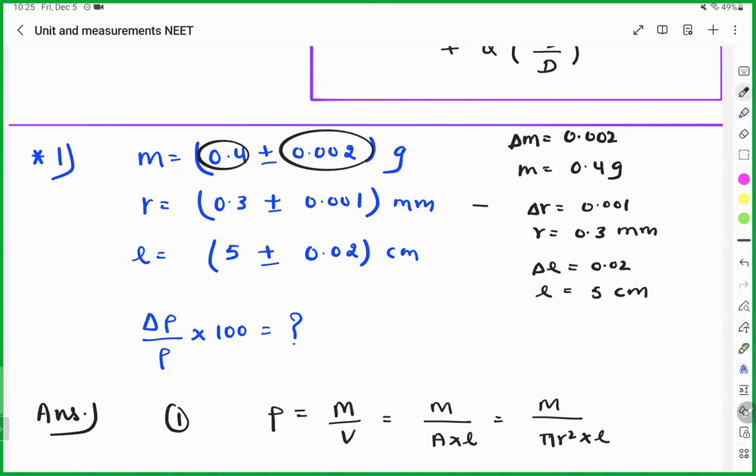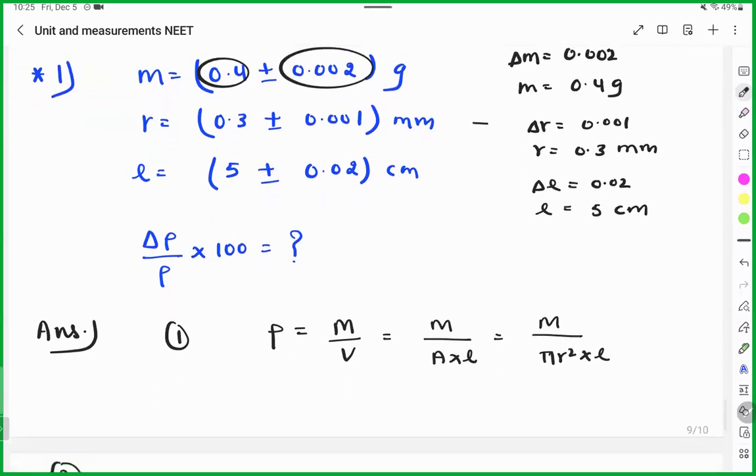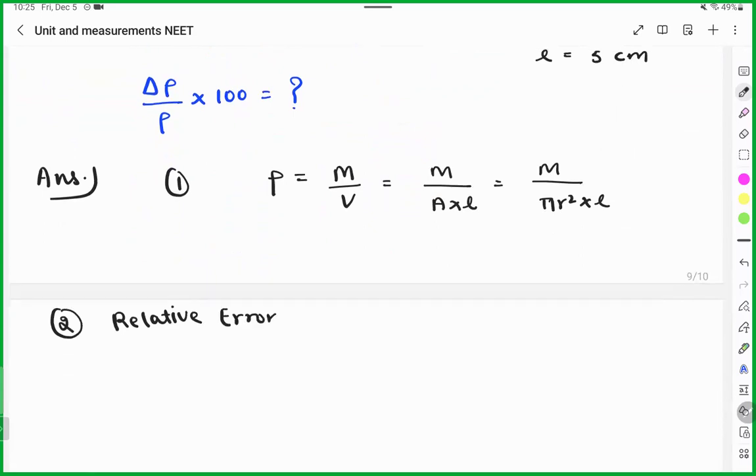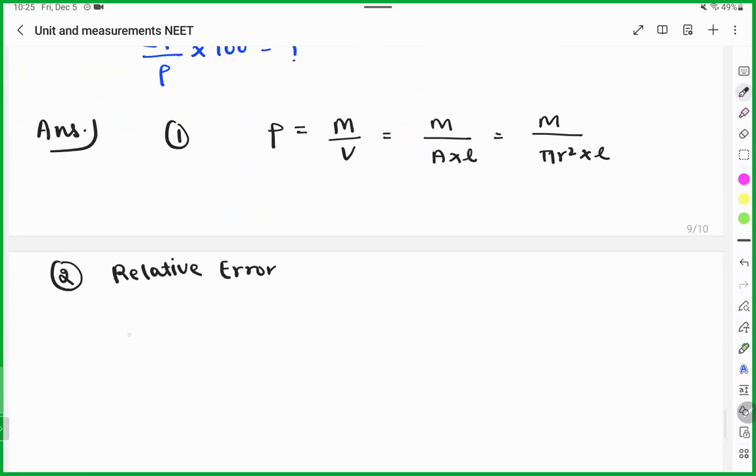So if you know this thing, now you can apply the relative error formula. How to apply? Our real formula is density is equal to mass over pi r square into length. So change in the density by density will be equal to change in mass by mass.